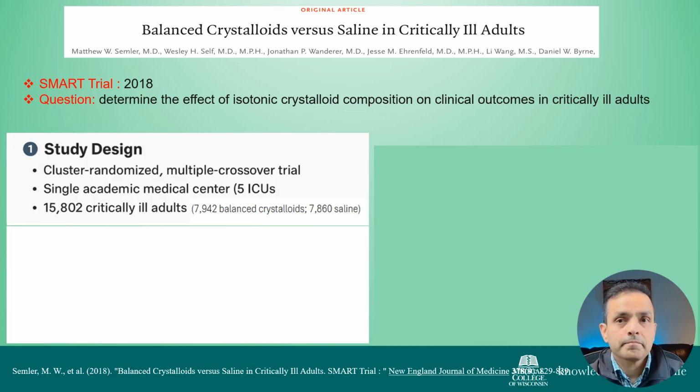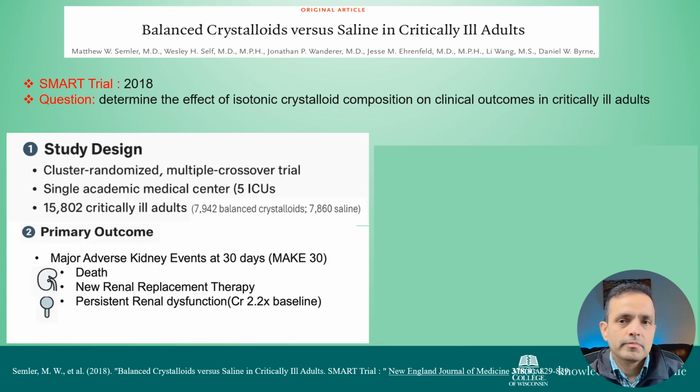Remember that. The study was a cluster randomized multiple crossover trial, single academic center, 5 ICUs, around 16,000 people, almost 8,000 in the balanced crystalloid group and almost 8,000 in the normal saline group. The primary outcome was major adverse kidney events at 30 days: death, renal replacement therapy, and persistent renal dysfunction.